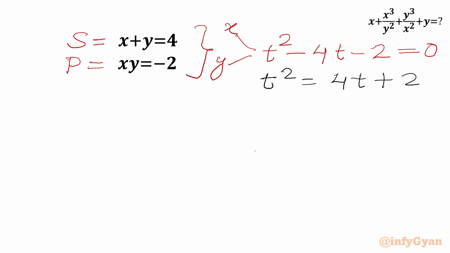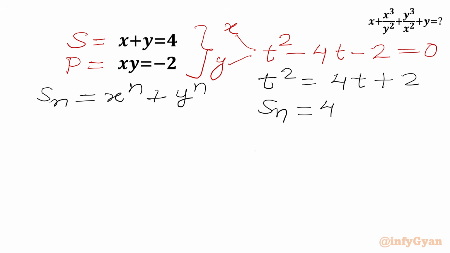Now we have to consider the sum Sn, which will be equal to x power n plus y power n. From our quadratic equation t square equal to 4t plus 2, we can write Sn equal to 4 times Sn minus 1 plus 2 times Sn minus 2. This holds true for n greater than or equal to 2.